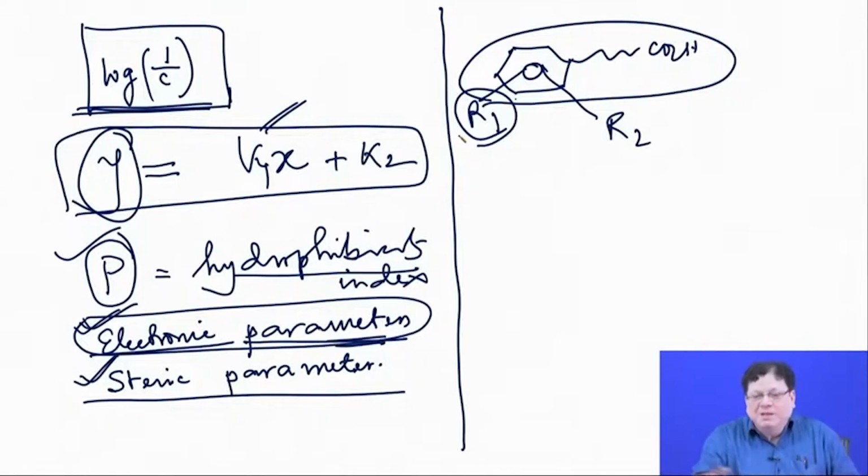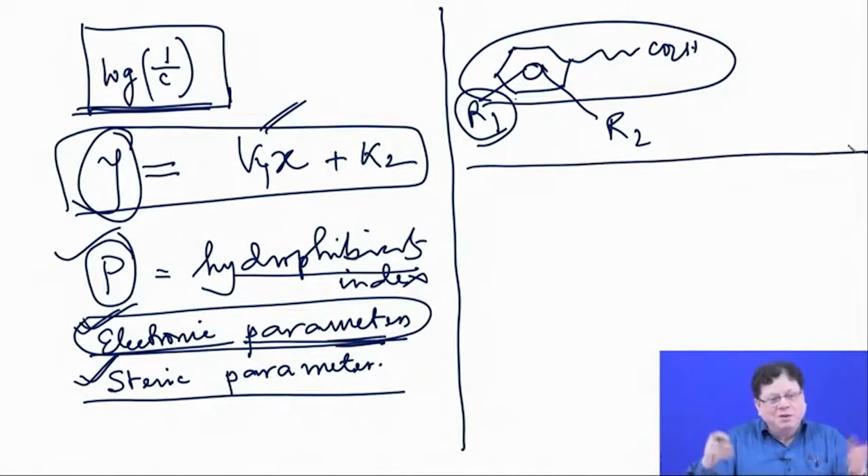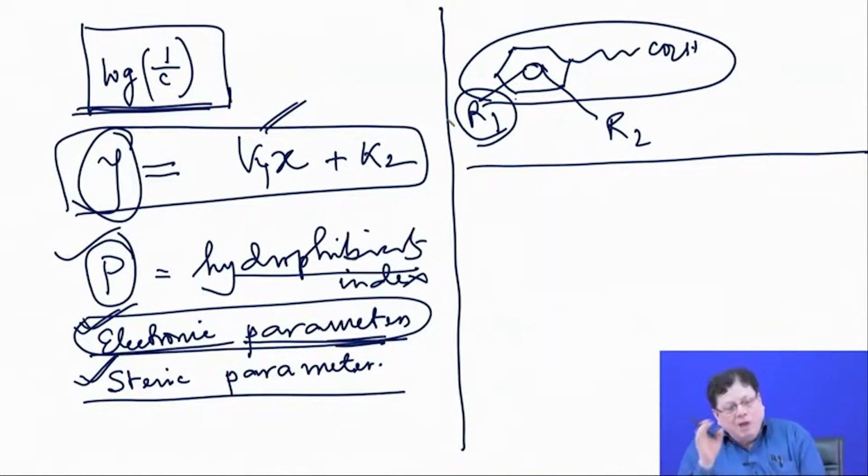Without making the molecules, you can predict, because there is a database now that this type of molecule has this type of hydrophobicity, and if you put a methyl group, the hydrophobicity will increase that much. So, you can have a huge database, and from there you can calculate what will be the hydrophobicity of a molecule without making it. And everything is like that, electronic parameter.